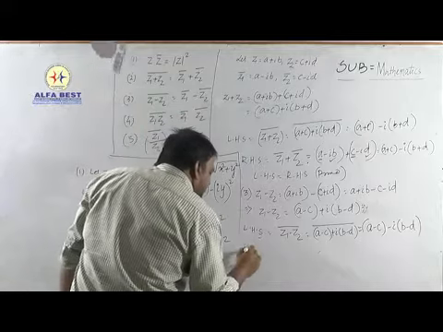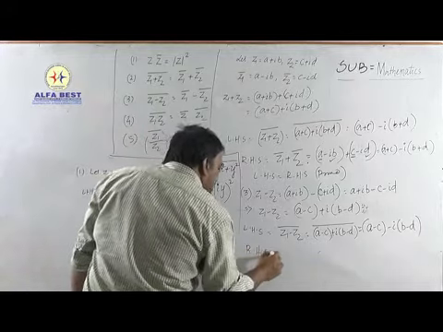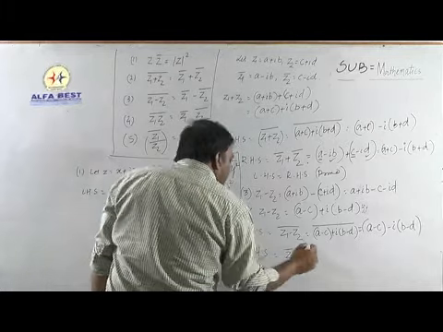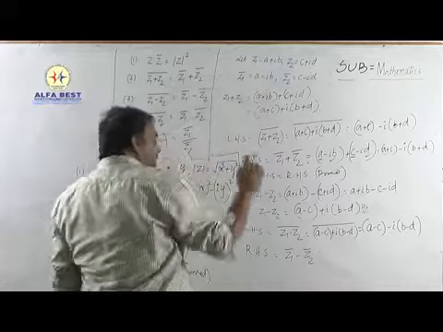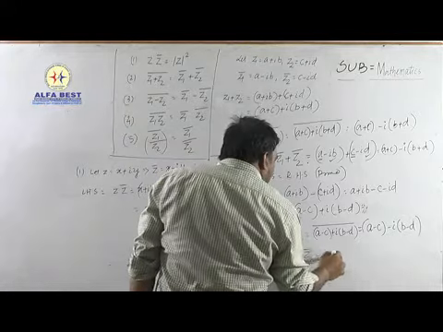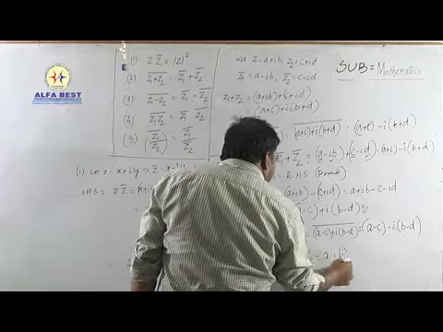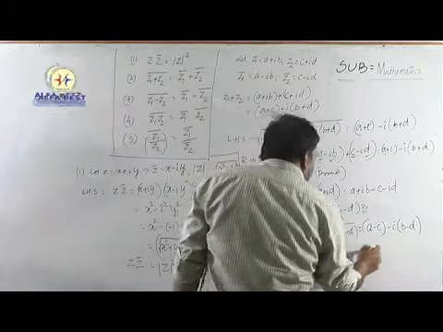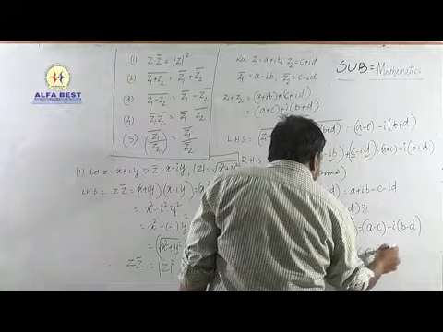So what is your Z1 conjugate? This is your A minus IB, minus, what is your Z2 conjugate? This is your C minus ID.